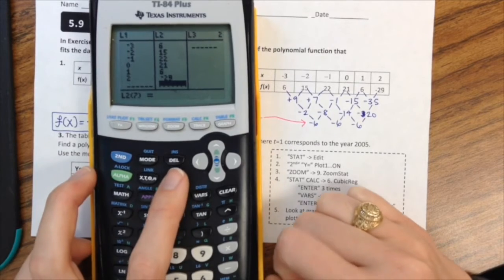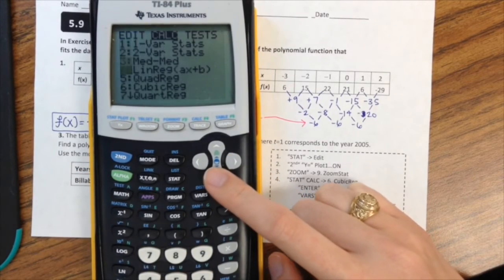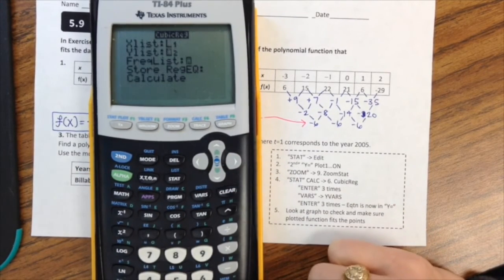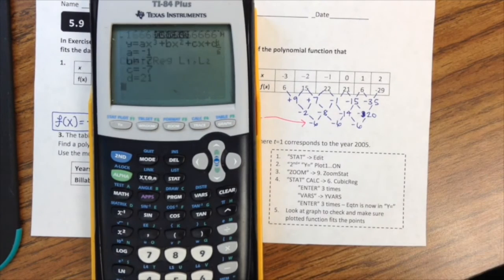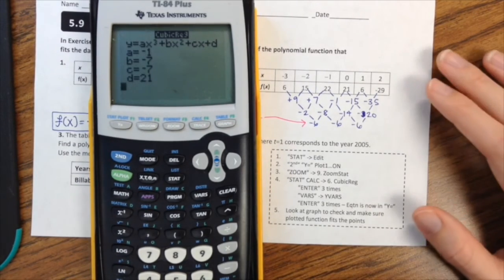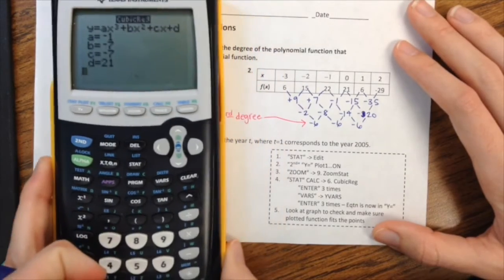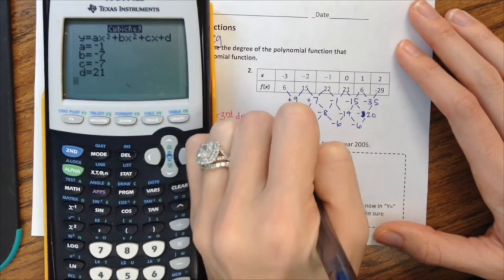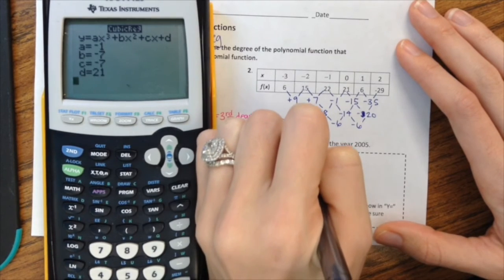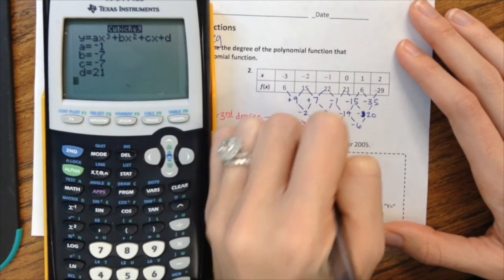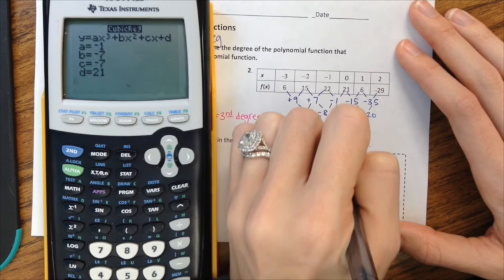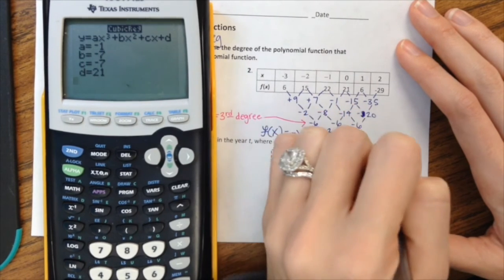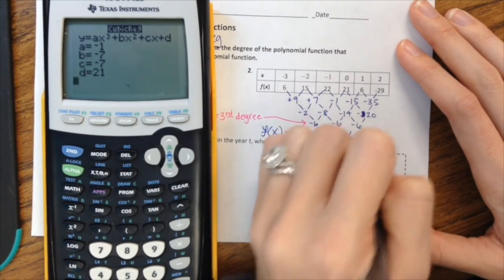And again, we're going to go stat, calc, 6. Here we got lucky, we had no decimals to convert, so we write our function, f of x equals negative x cubed minus 7x squared minus 7x plus 21.